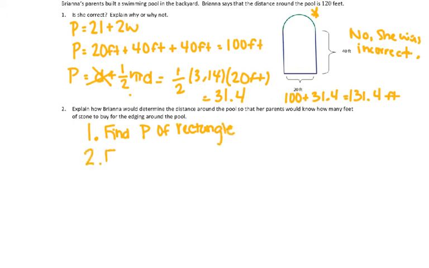Then we need to find the perimeter of the arc and then add those perimeters together. That is how we are going to find the perimeter of that pool. So I just wanted to give you guys a really nice example of how we could find the perimeter of something that is the combination of an arc and a rectangle.